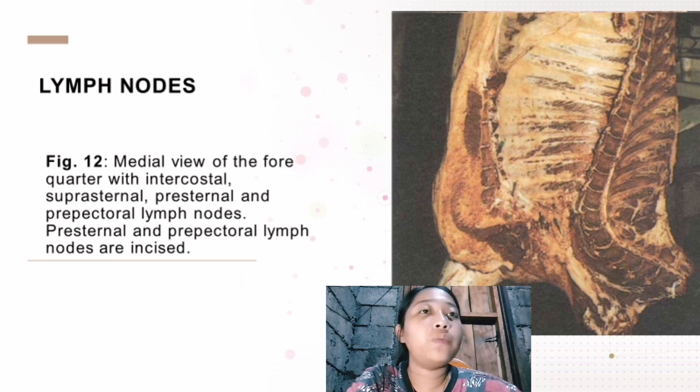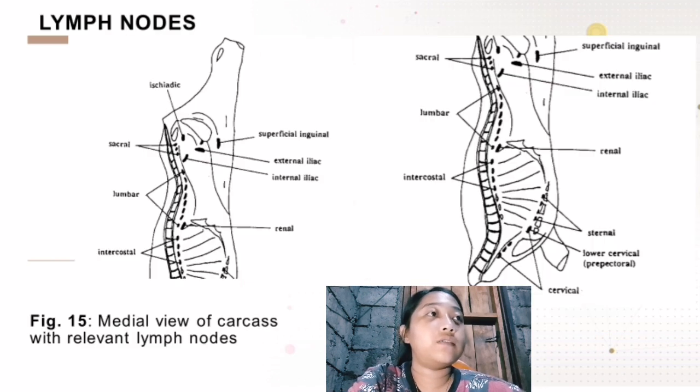And figure 12, medial view of the forequarter with intercostal, suprasternal, presternal, and prepectoral lymph nodes. Presternal and prepectoral lymph nodes are incised, so na-slice na ang mga lymph nodes in this area. So this is the view of the superficial inguinal, external iliac, and internal iliac lymph nodes of the pig.